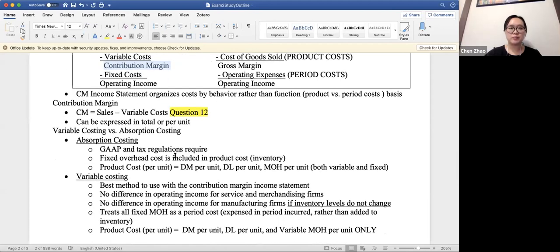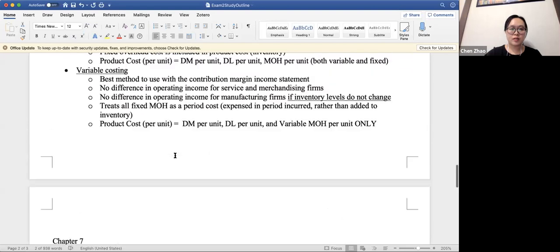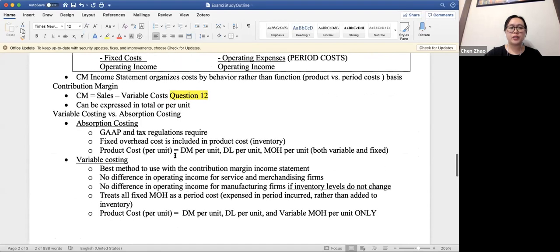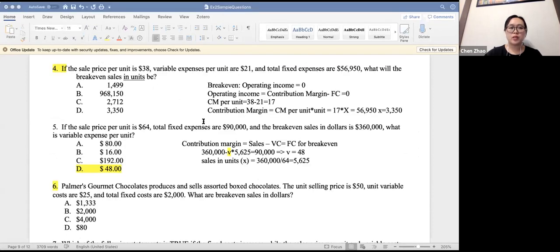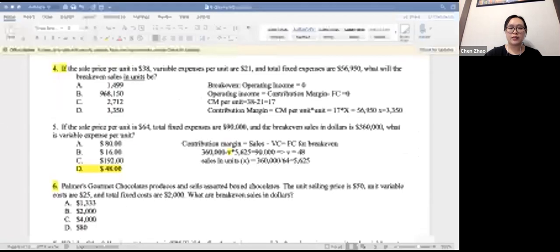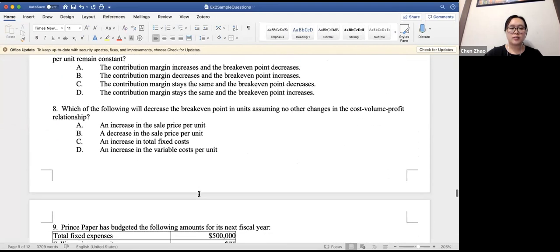Any other questions? If you're available and have time, I would recommend you try to work on these sample questions as much as possible, just to have an idea and be familiar with all these functions.